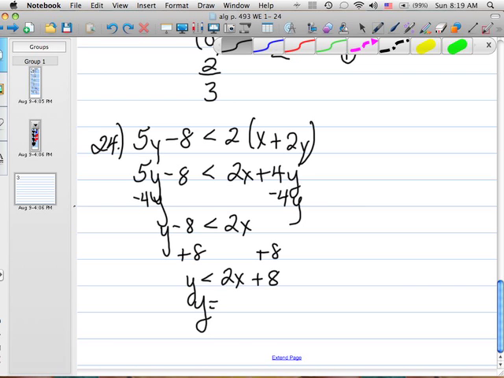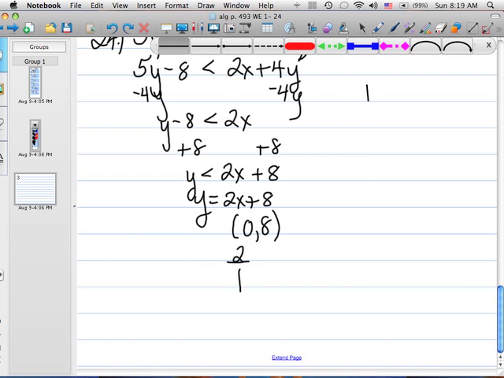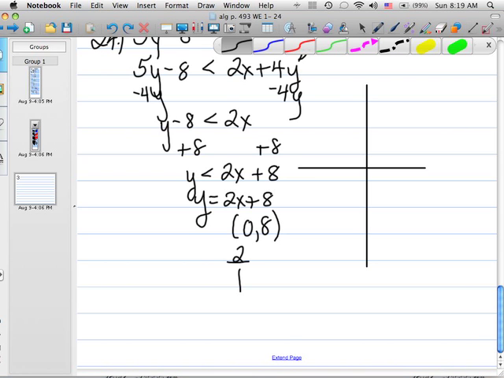So our boundary equation is y equals 2x plus 8. Intercept is 0, 8. Slope is 2, which means up 2, right 1. Make your coordinate plane. Our intercept is 0, 8. So 1, 2, 3, 4, 5, 6, 7, 8. Our slope is 2.